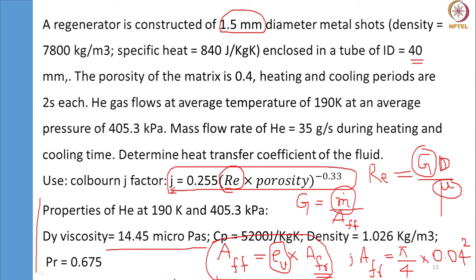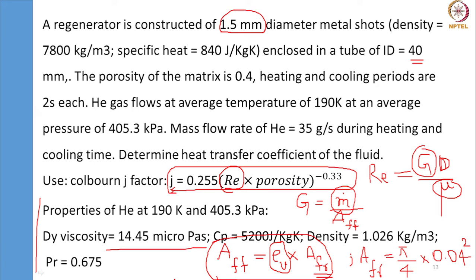It is coming around 0.35. G is 0.035. The frontal area is 1.256 into 10 power minus 3 meters squared, and G is coming around 0.035. G value, mass velocity.